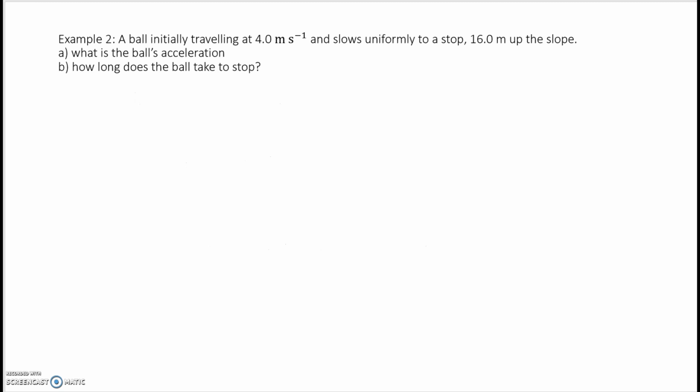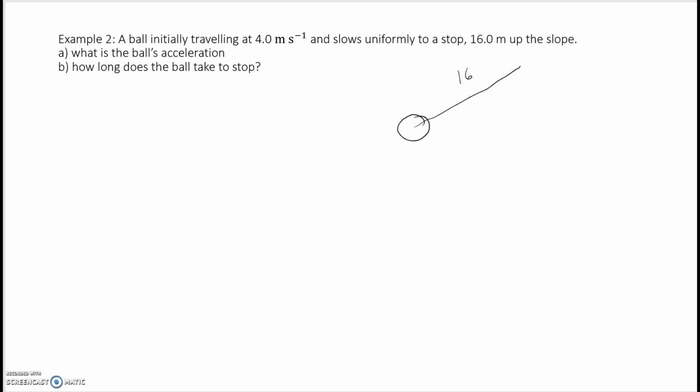A second example is where we have a ball initially travelling at 4 meters per second, and it slows uniformly. It's travelling up a slope, and it stops 16 meters up the slope. So we've got a ball, it's going up a slope.